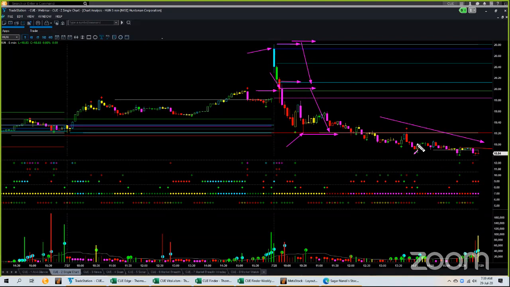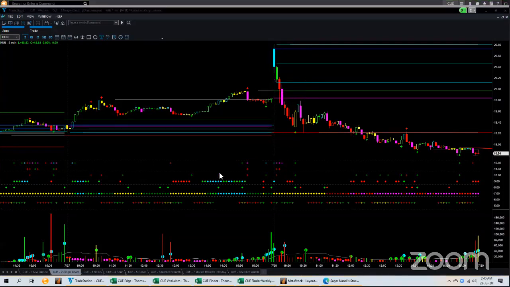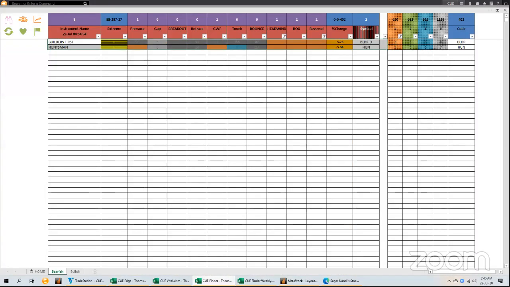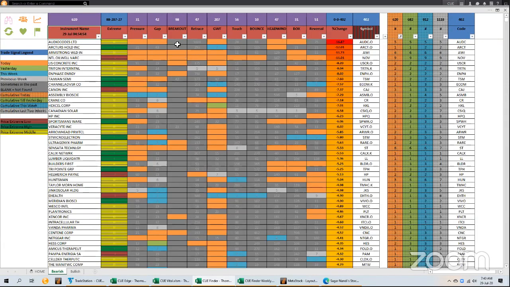So you could take a trade in HUN yesterday looking at the weekly daily weakness, and also you could take the short trade using the gap short entry technique. Both are looking weak.